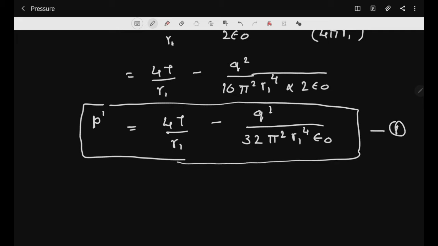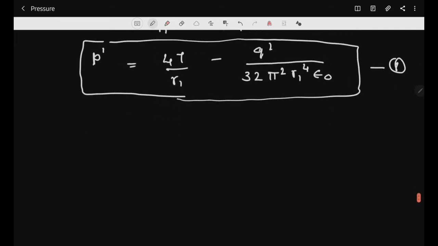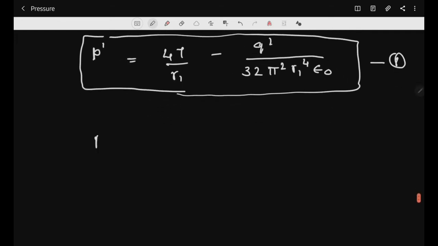Let us call this equation number 1. Now we also know from Boyle's law that pressure is inversely proportional to the volume of the substance. That means we can write that pressure is inversely proportional to the radius cube. If we remove the proportionality sign, we get some constant, let us call it k, divided by r cube.